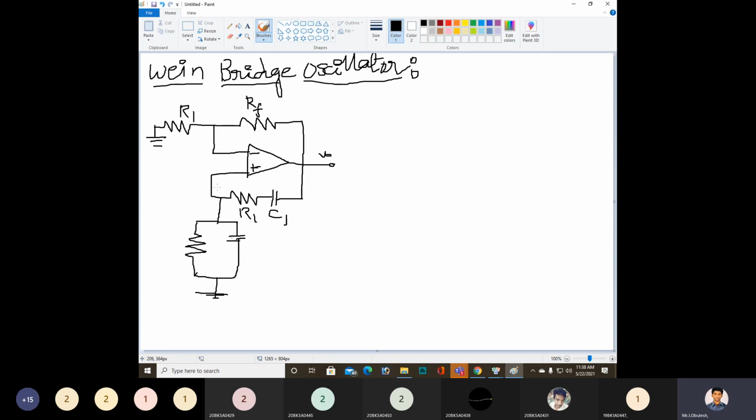So this indicates the feedback network. This is the feedback circuit. This is the amplifier circuit.